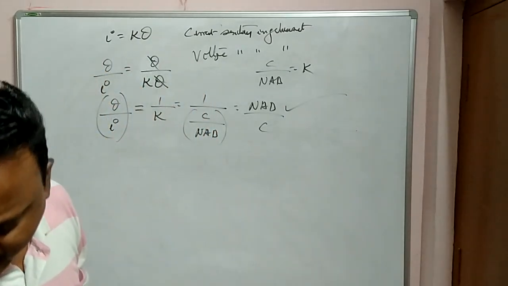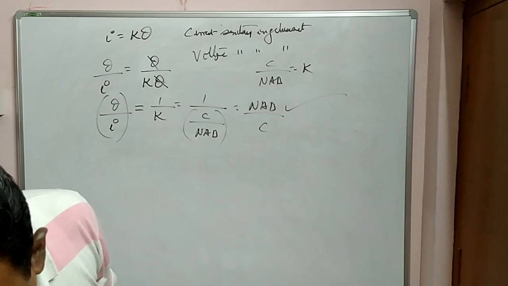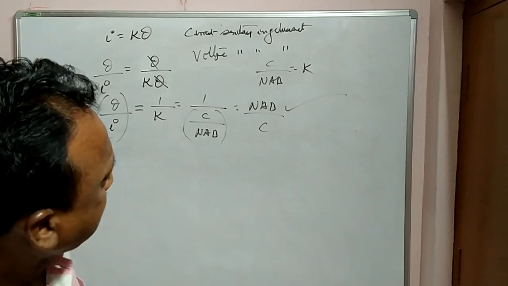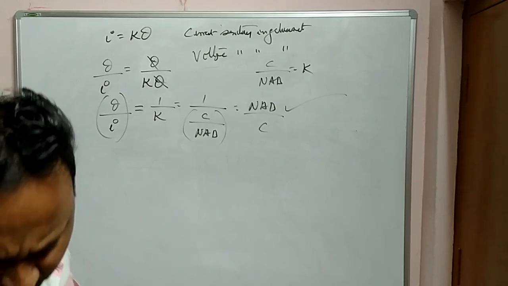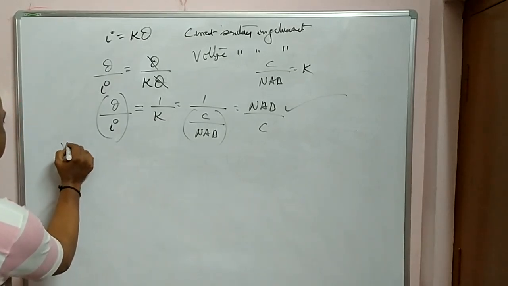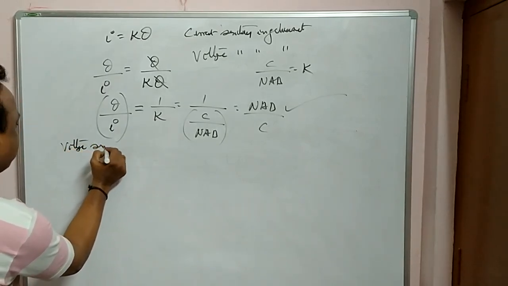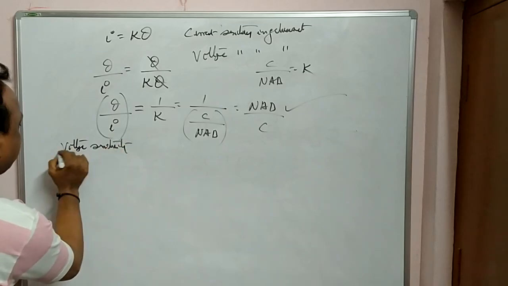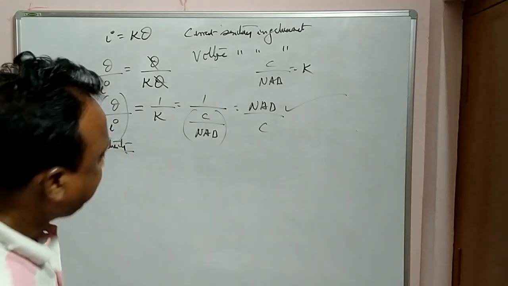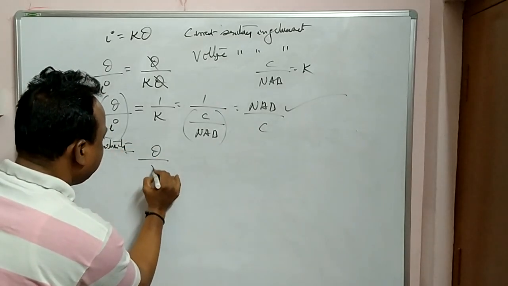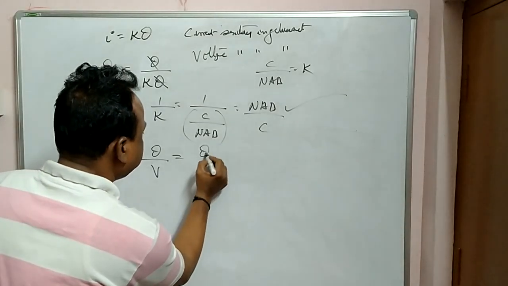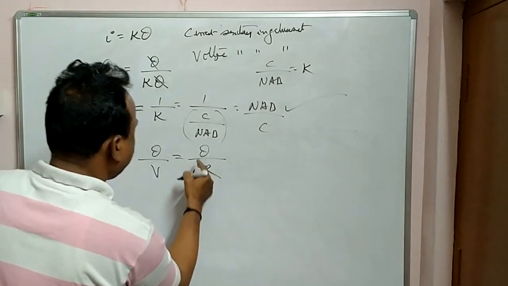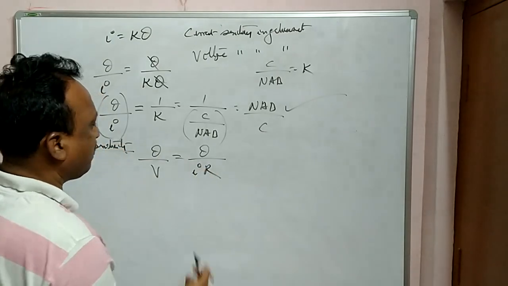In the same way you can calculate voltage sensitivity. We got NAB by C, and likewise voltage sensitivity can also be derived. Voltage sensitivity is theta by V, which is equal to theta by IR, because V is equal to IR, Ohm's law.